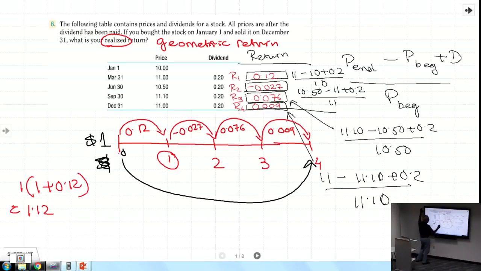So that's what we have at the end of year 1. Then what would we have at the end of year 2? Well, now that 1.12 would grow, or in this case decrease, by 0.027. So I take 1.12 and I multiply that by 1 minus 0.027. And I keep on doing this for 2 to 3 to 4, and I get to the end point.